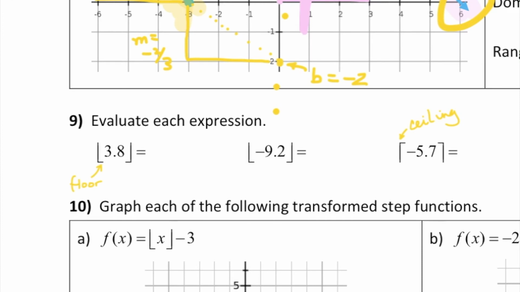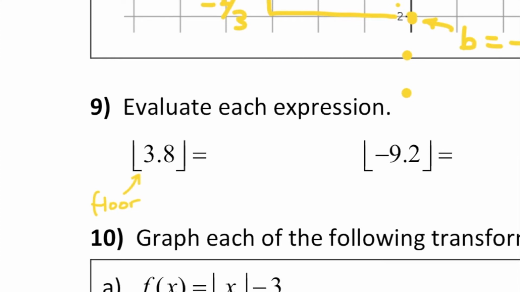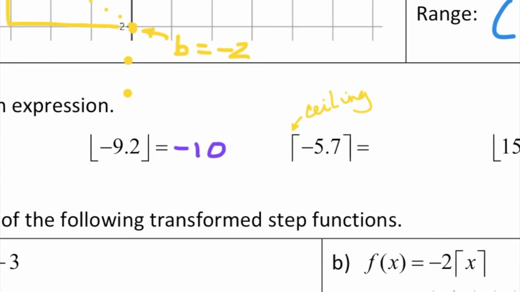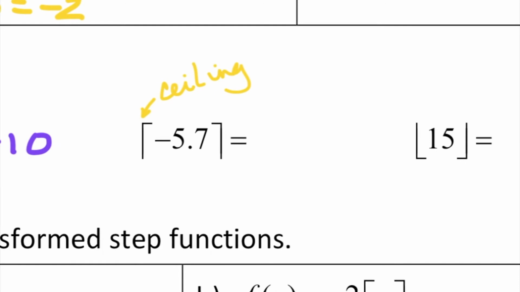So if you have a floor function and you're asked to round down, floor function of 3.8 is just 3. Floor function of a negative number, remember that rounding down, then negative numbers go in the opposite direction, and so it'll be negative 10. For your ceiling function, the ceiling for negative 5.7 round up, so that's going to be negative 5.